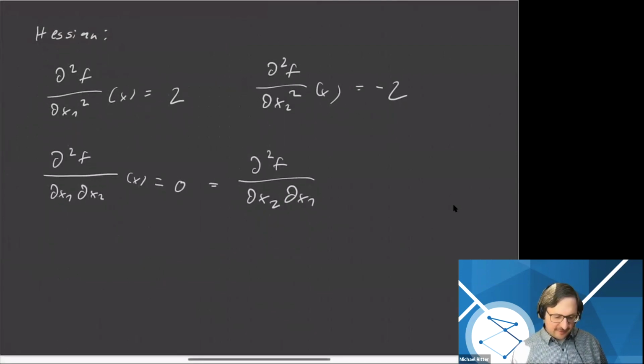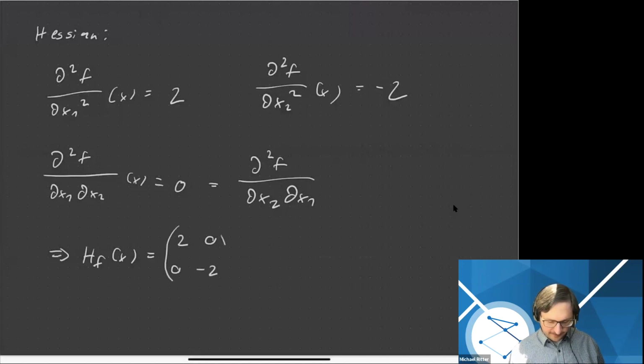So we have finally the Hessian of that function, Hf of x, that is 2, 0, 0, minus 2. So that's gradient, that's Hessian.